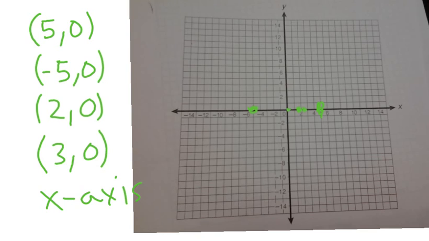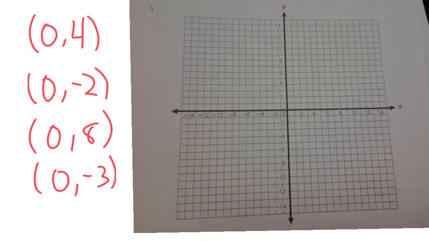Anytime the y value is equal to 0, there's no y, it's 0, then the point is on the x-axis. So if I said to you, where is negative 14, 0, you would say, oh, negative 14, 0 is on the x-axis. If the y is 0, the point is on the x-axis.